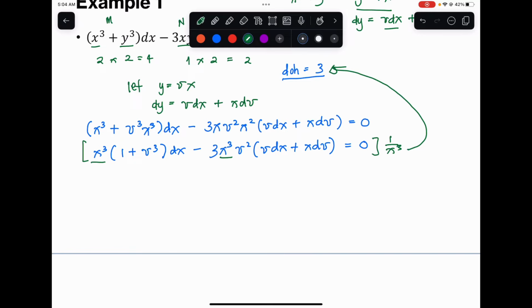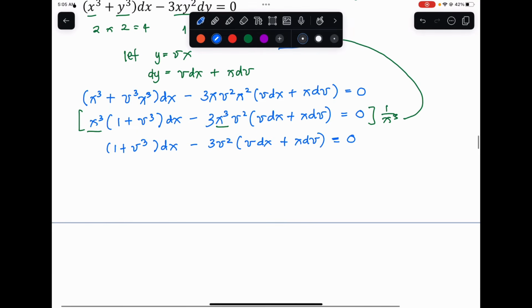So after substitution, there should be cancellation, in this case in terms of x cubed. This leaves us with 1 plus v cubed dx, then minus 3v squared times v dx plus x dv, equal to 0. Then we perform the operation.